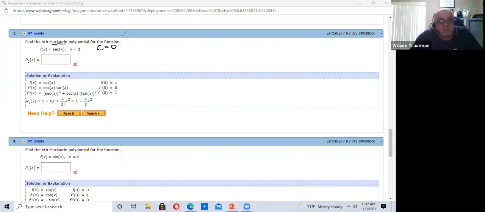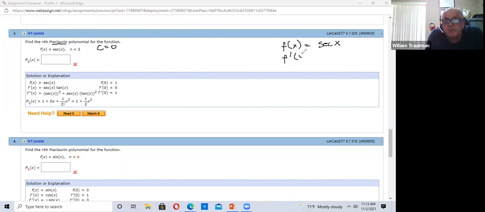As soon as you say Maclaurin, c equals 0. That was in the theorem there. Our function is secant x, and then we start taking derivatives.